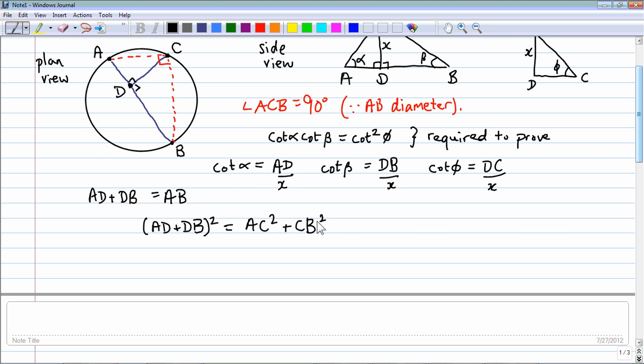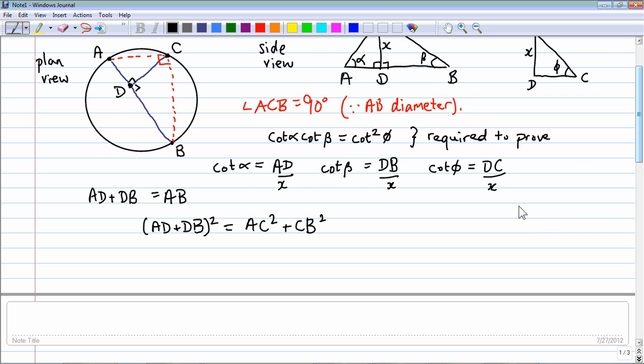So you see what I'm doing here is I'm trying to use Pythagoras to make the connections between the lengths on this plan view, because I recognize that the height x appears in all these terms, so it will be irrelevant. In fact, we could just write x equals 1 without loss of generality and we'll just get the same answer.